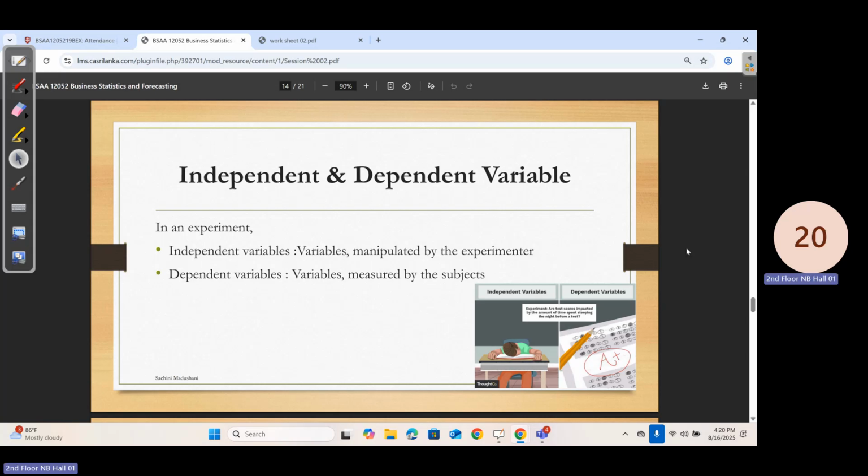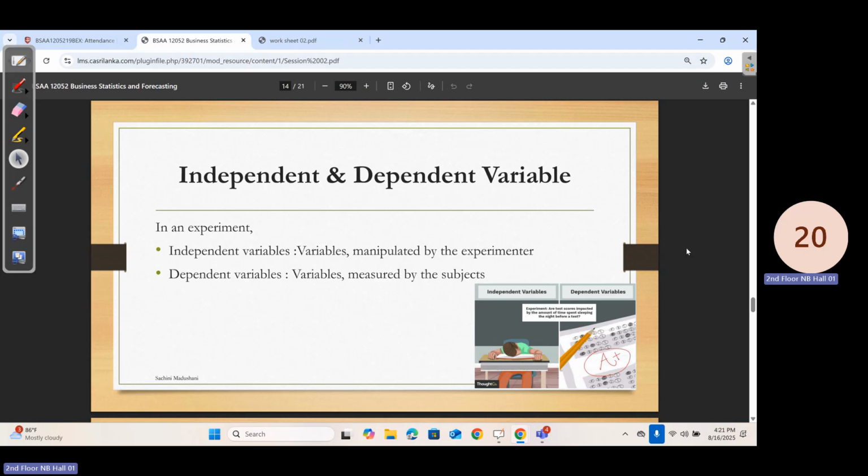It's clear? Then we take another example, sales revenue and the advertising expenditure. Then tell me which one is independent, which one is dependent. Sales revenue and the advertising expenditure. It means sales revenue depends on the advertising expenditure. It means sales revenue is a dependent variable.